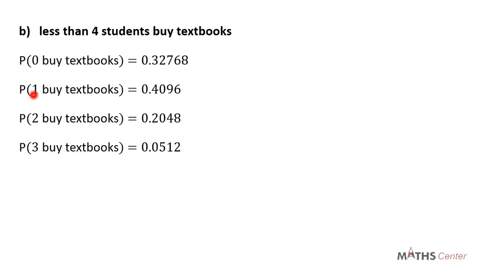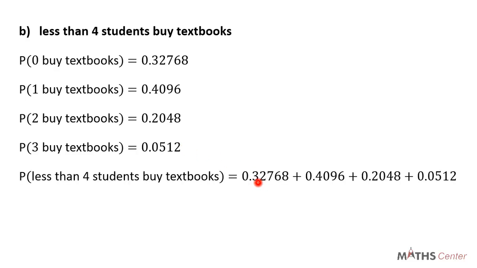So now we have the probability that 0 students buy textbooks, that is 0.32768. We have the probability that 1 student buys textbooks, which is 0.4096. We have the probability that 2 students buy textbooks, which is 0.2048. And we also have the probability that 3 students buy textbooks, which is 0.0512. To get the probability that less than 4 students buy textbooks, we will add these 4 probabilities.